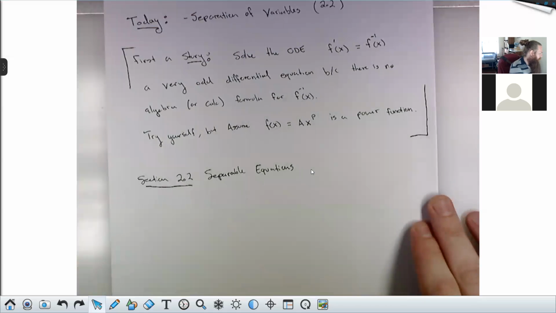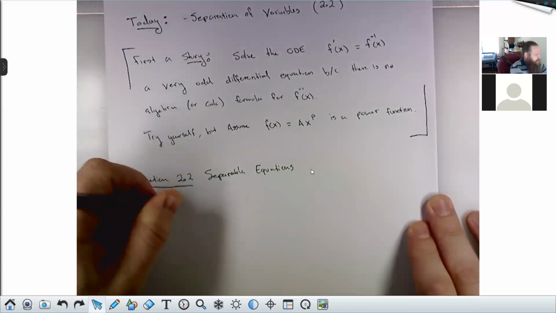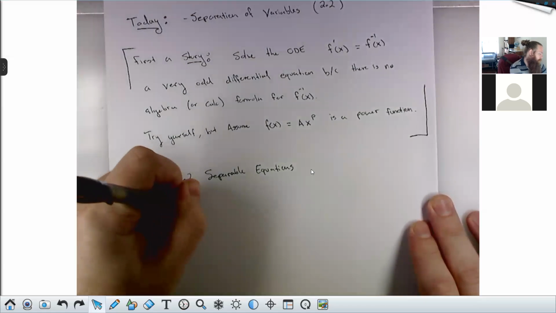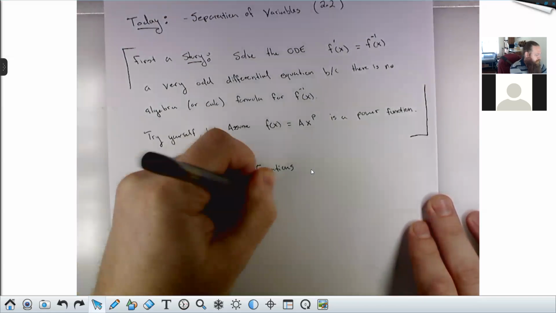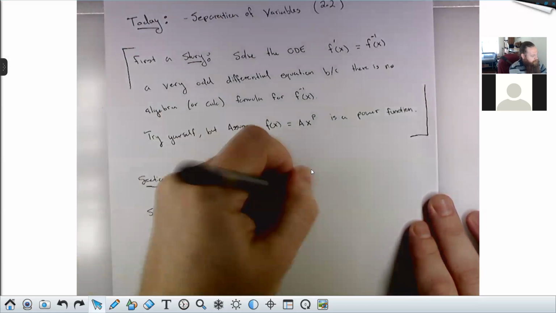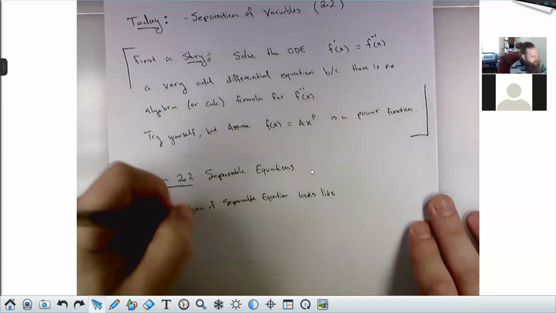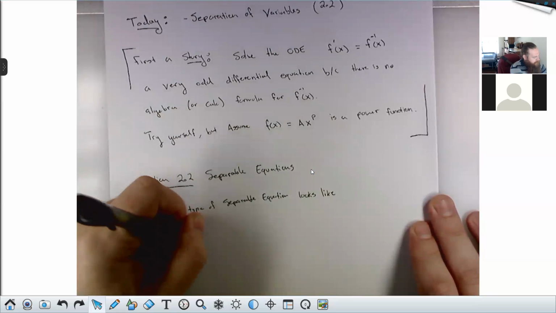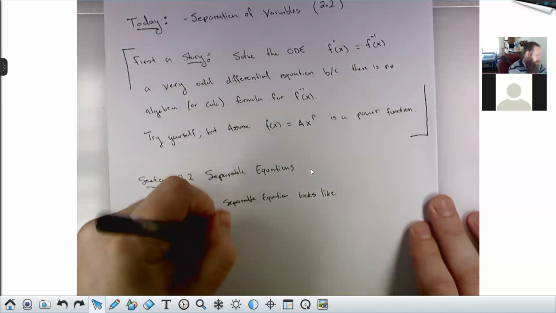Show you a very simple example first, I guess. So the simplest type of separable equation looks like dy/dx equals just some function of x, g of x.